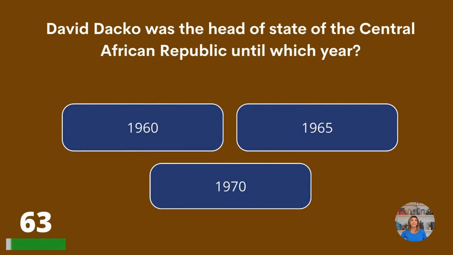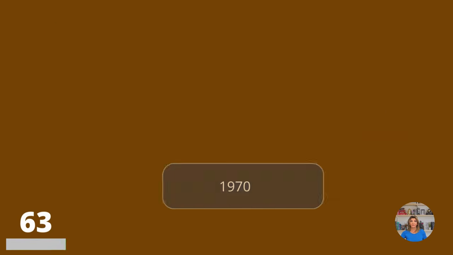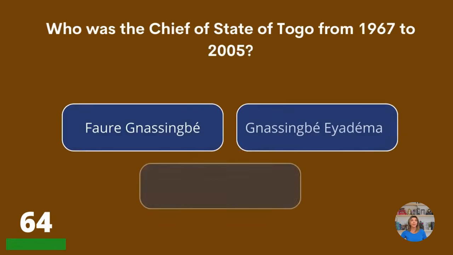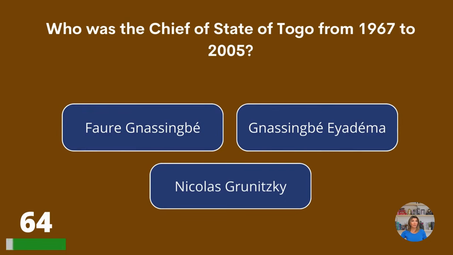David Dacko was the head of state of the Central African Republic until which year? 1960, 1965, or 1970? 1965. Who was the chief of state of Togo from 1967 to 2005?